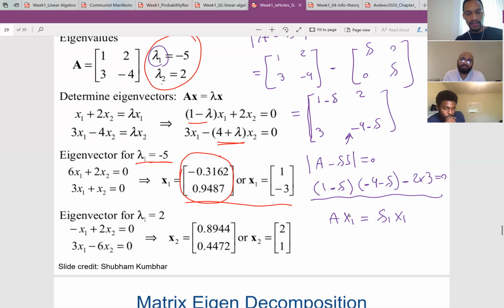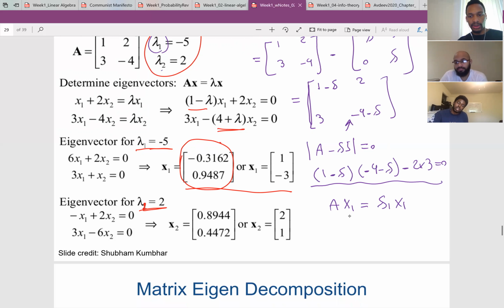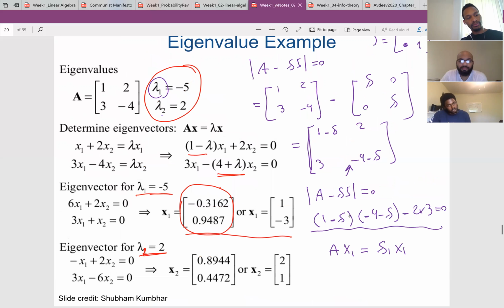And this is for eigenvalue lambda 2. Same thing here. I didn't realize that you're going to get different eigenvectors for each eigenvalue.